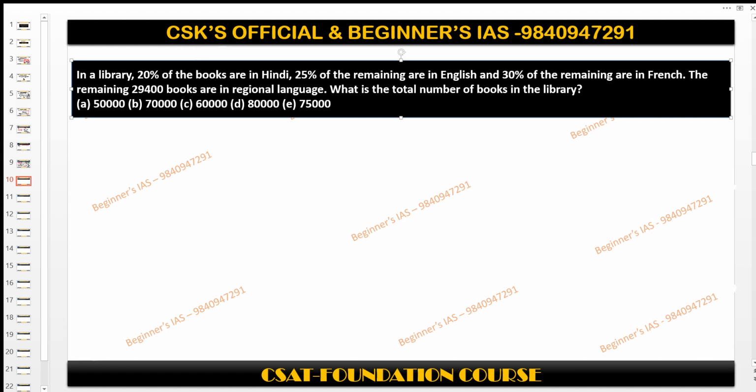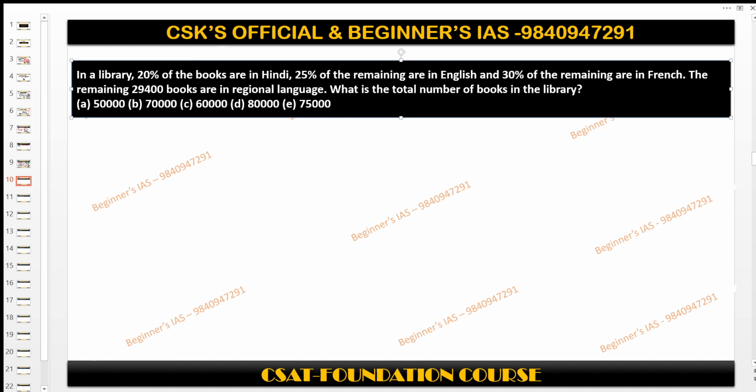Of the remaining, 25% you are spending for your house rent allowance. Then of the remaining, 30% for your grocery and day-to-day activities. Then your savings is 29400 rupees. Then what would be your total salary? Same model can be applied there also. Understood?